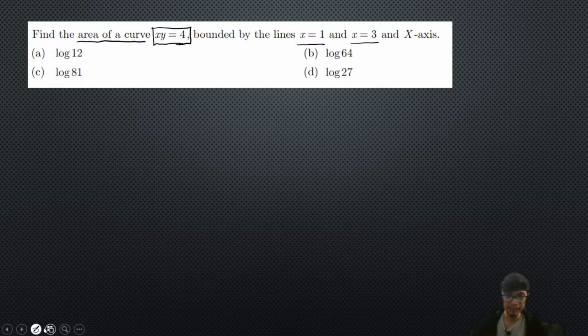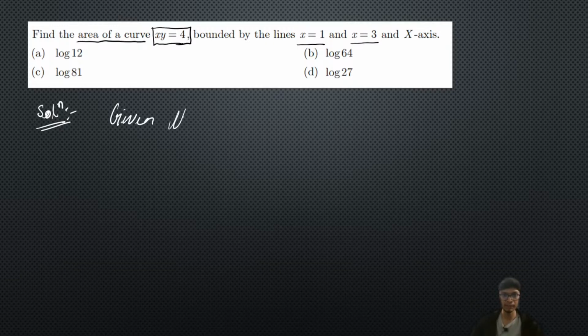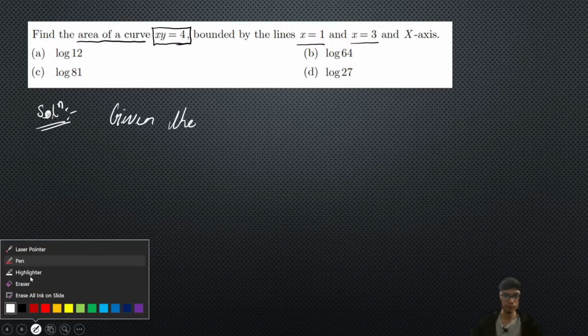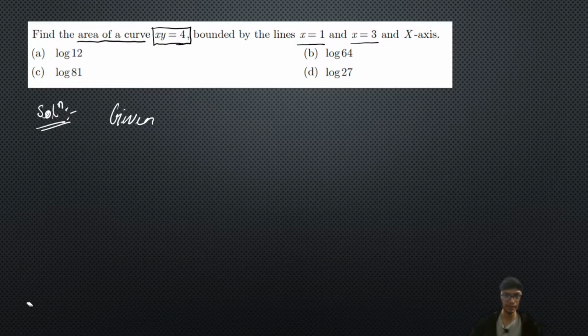So let us start how to solve this problem. Again, very similar to the last problem. The way you are going to write it for your CBSE board examination is that first of all you clearly mention the given region.